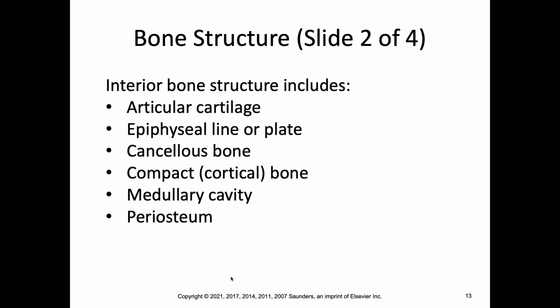If you look at the interior of the bone, there is a structure. There's articular cartilage, your epiphyseal line or plate, cancellous bone, compact or cortical bone, medullary cavity, and periosteum. And those are all types of interior bone structure.